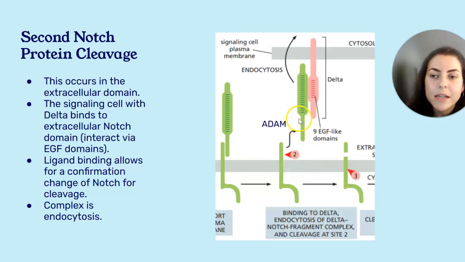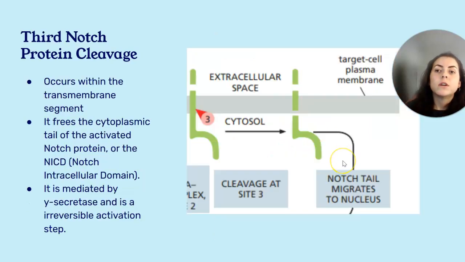So it's doing endocytosis. The signaling cell is taking up this domain in order to initiate the change in conformation to do that second cleavage.